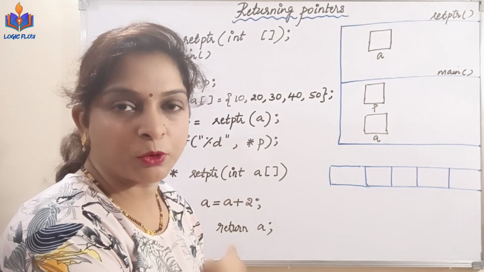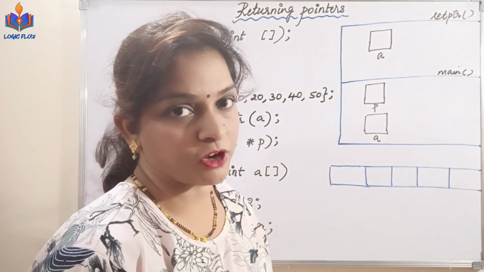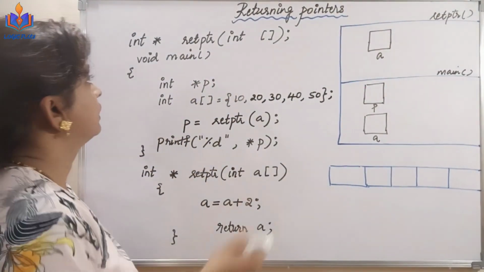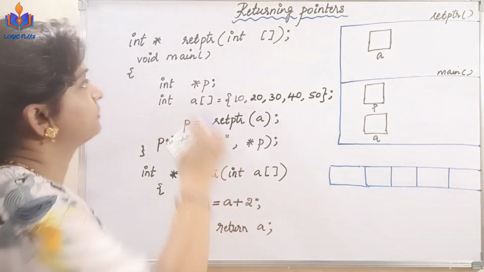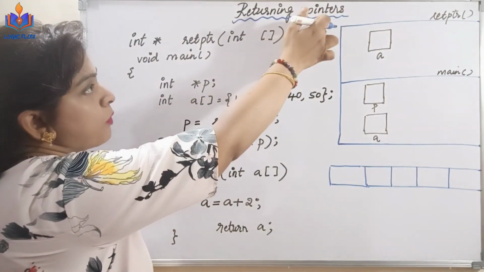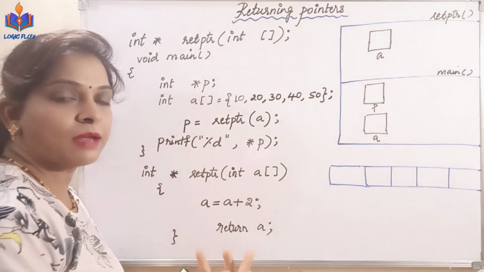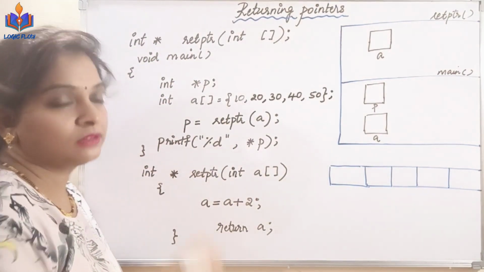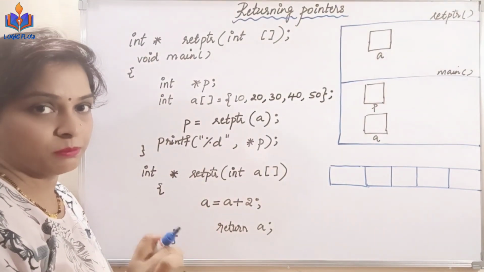So here is the program to understand how to return a pointer from a function. Here we have a function by name retptr, meaning return pointer. Since I am returning a pointer, the data type should be a pointer. The data type of the value I am going to return, I need to mention, followed by a pointer symbol, that is asterisk.